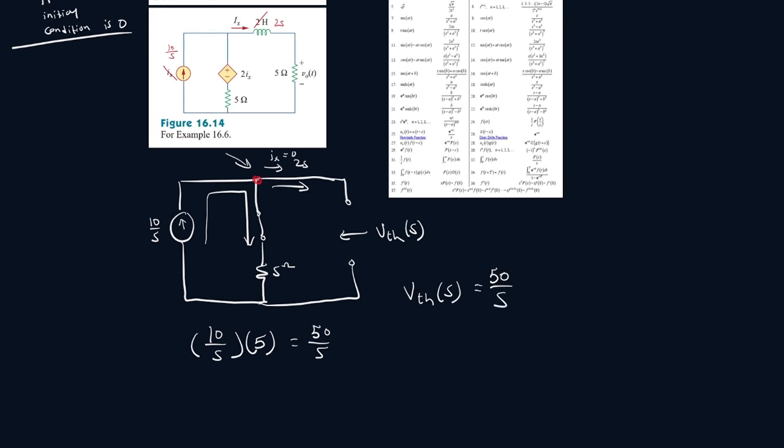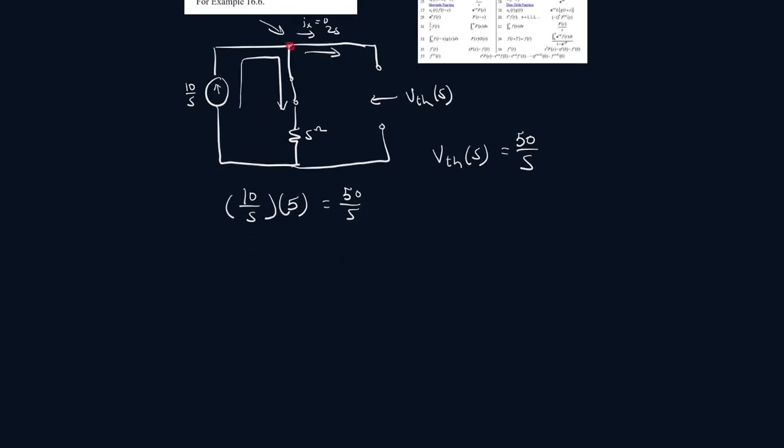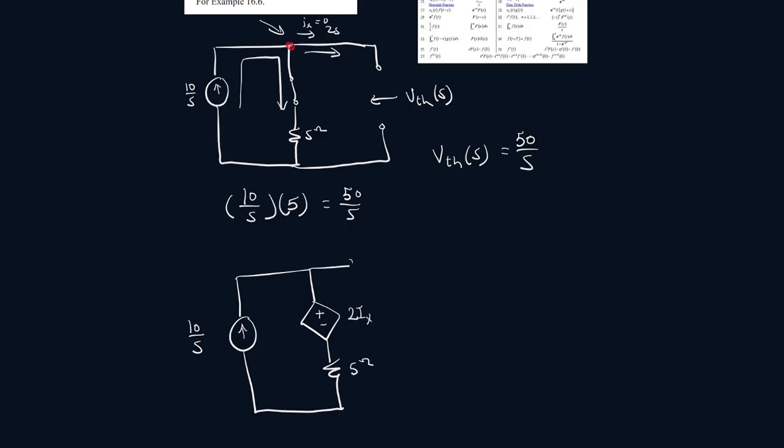And that's your Thevenin voltage. Okay, so that's the first part done. Now let's get the Thevenin current. So to get the Thevenin current, instead of including the resistor, we're just going to replace it with a closed wire, and the current passing through here will be I Thevenin.